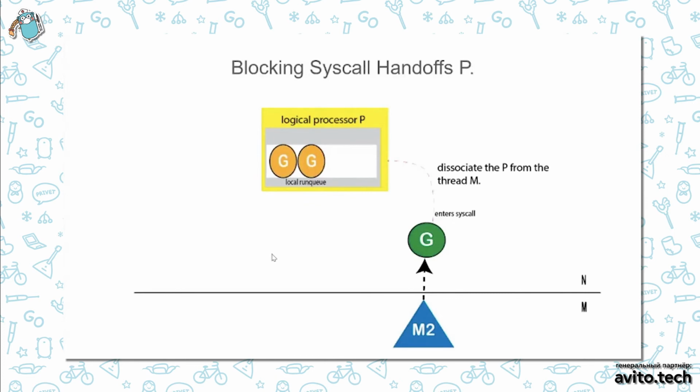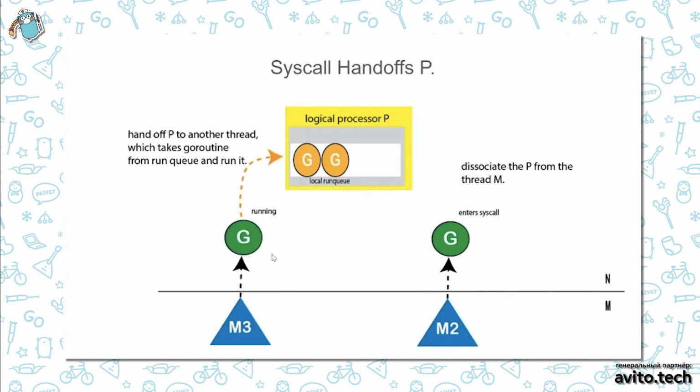Basically, a blocking system call hands off the logical processor P. It dissociates the P from the kernel thread M while entering the system call, and attaches it to another kernel thread M3 that will take a goroutine from the run queue and run it.